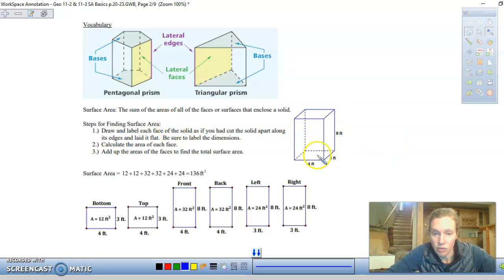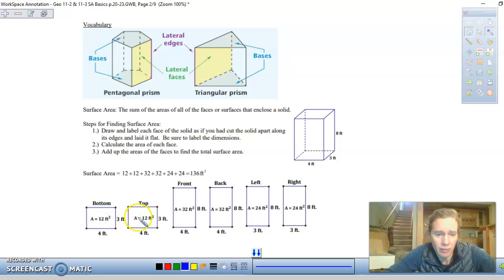So if I was going to find the surface area of this rectangular prism, what I want you to do is actually draw out all of the shapes. Depending on the base, these rectangles are not always going to be the same. In this particular case, you'll notice that the front is different than the left and the right.